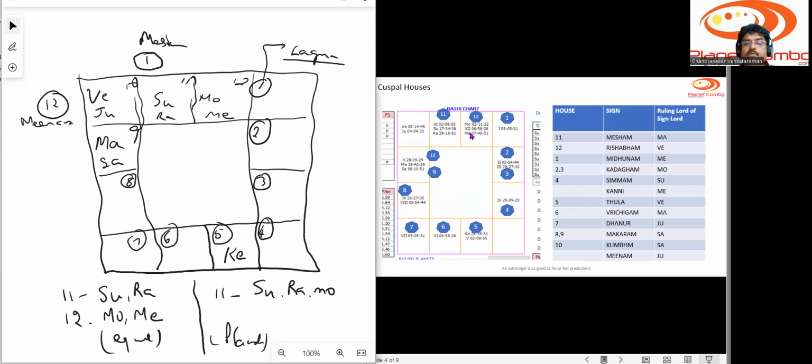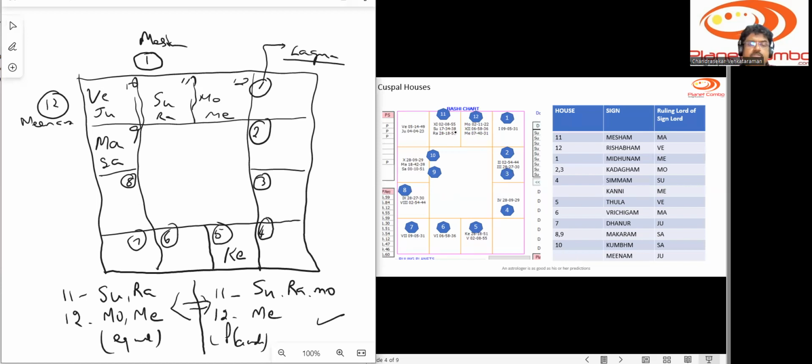Similarly, you have Mercury in the 12th cusp. Now, this creates a difference. In the equal model, Moon is in the 12th cusp along with Mercury, but in the Placidus model, Moon is in 11. This will give you a difference in astrological predictions. So you should use Placidus, which is much more accurate, and we should draw the chart with it.